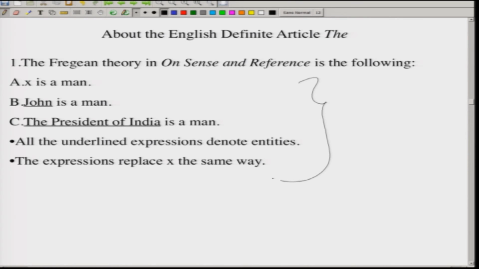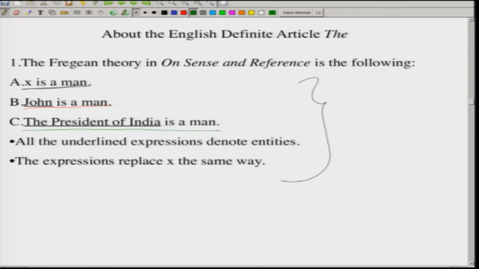Now, in the Frege analysis, roughly, once again loosely speaking, this underlying structure, that is X is a man, underlies both John is a man and the President of India is a man.